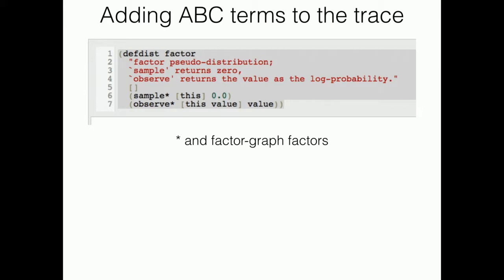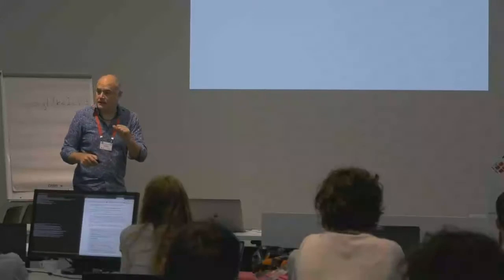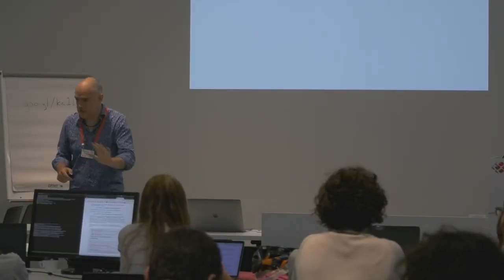And observe star would compute the log probability of the value observed under the density function for a normal distribution. Okay? It will be clear if we show what this factor was for the CAPTCHA. It wasn't used, but I'm showing you how to manipulate the trace log probability side effect in general.